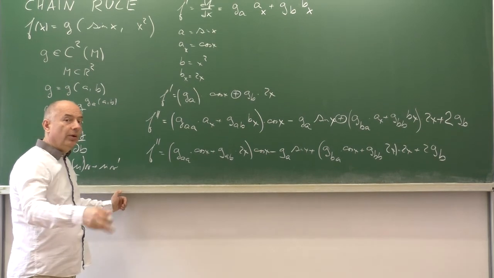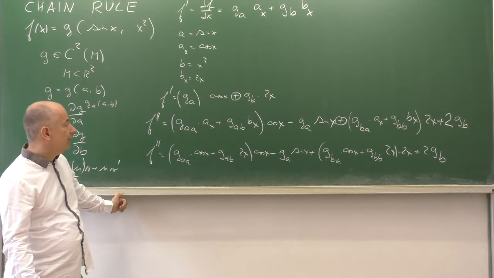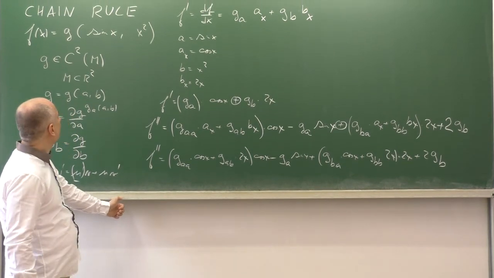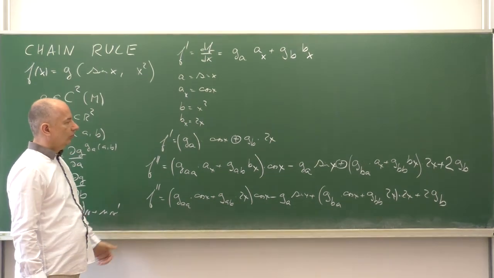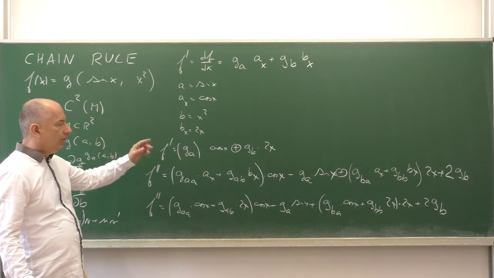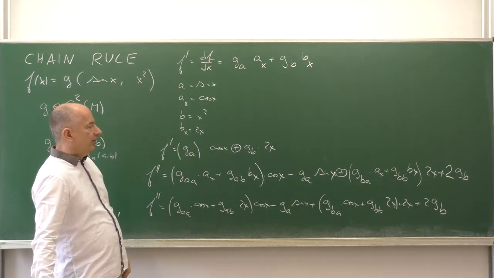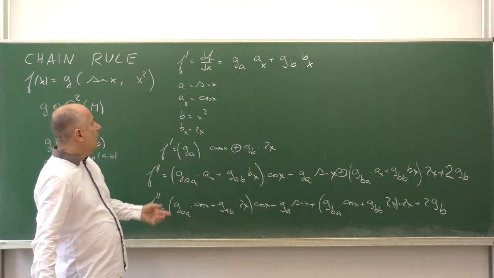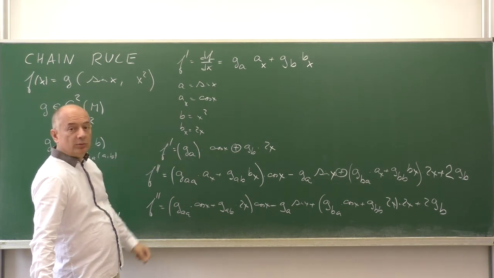Well, and we could compute the third derivative and so on. So this is very useful knowledge, how to operate with these derivatives symbolically without having the explicit formula for g.